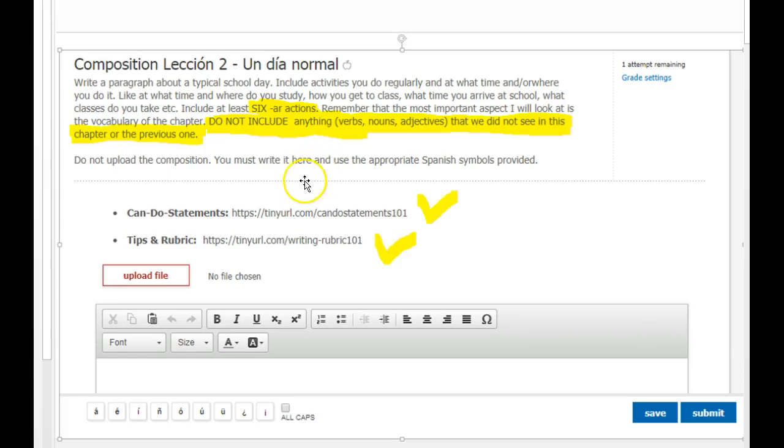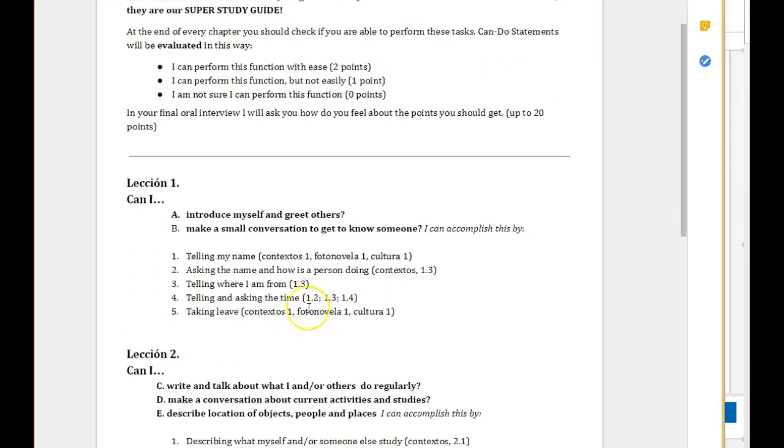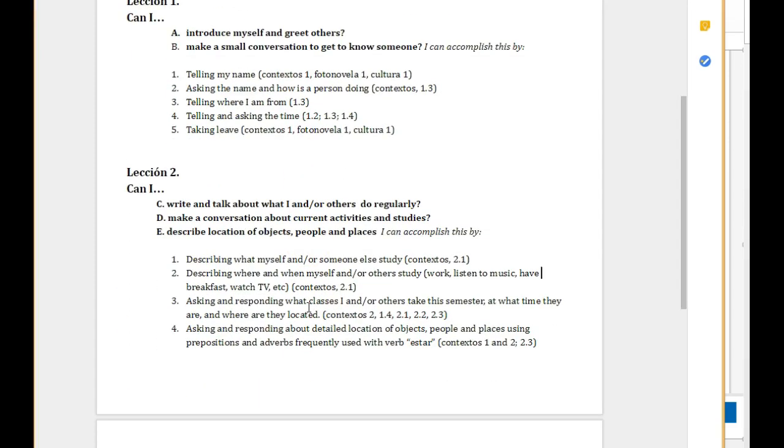If you go to the tips, to the links that I always put in the compositions, for example the can-do statements, the statements will tell you what you need to know of this lesson. So this is what I want of this lesson. I want you to write and talk about what you and others can do regularly.